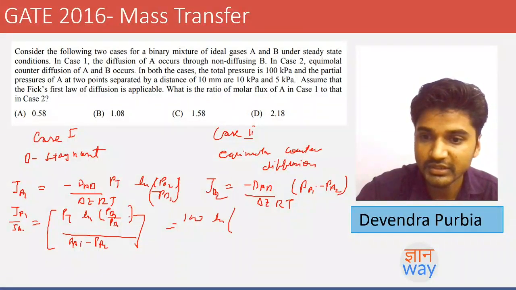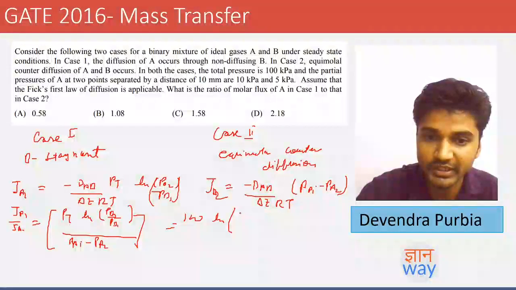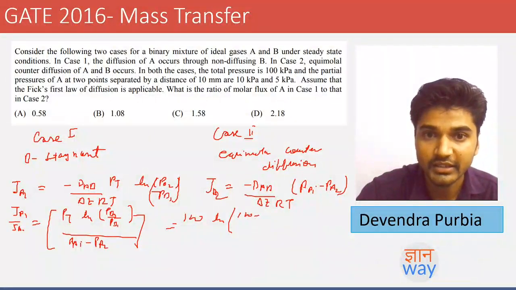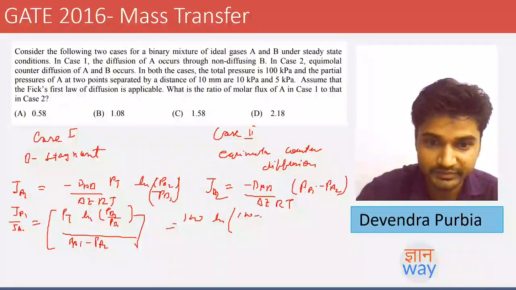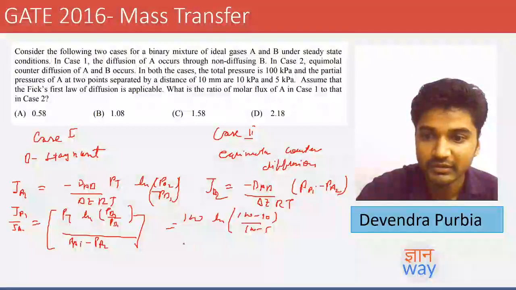P_B2 can be written as P total minus P_A2, that is 100 minus 5, and P_B1 is 100 minus 10, upon 10 minus 5.